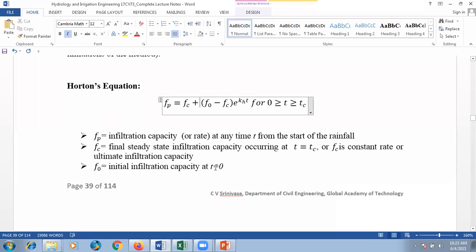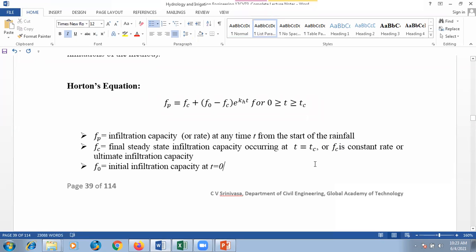So we start from time t equal to 0, we end with time t equal to tc. This is the range of time. At time tc, the value of the infiltration will be Fc, that is steady state or constant rate of infiltration. This is another thing you can remember.